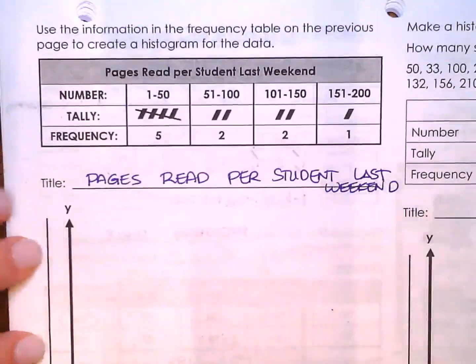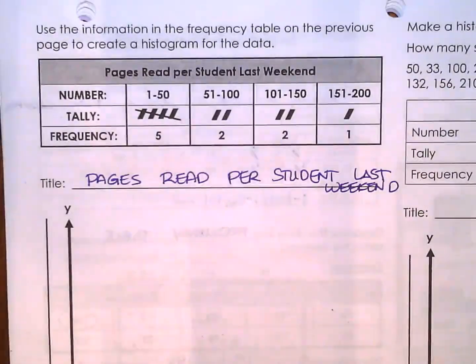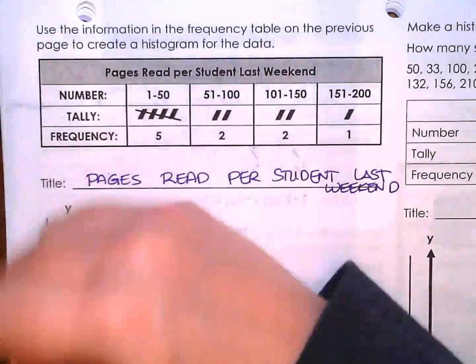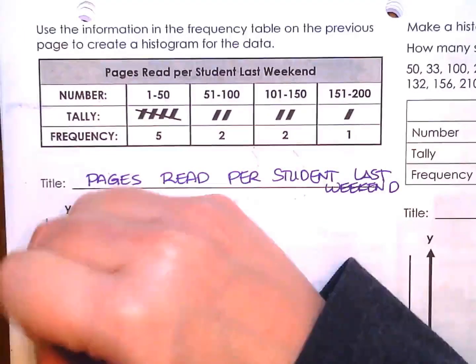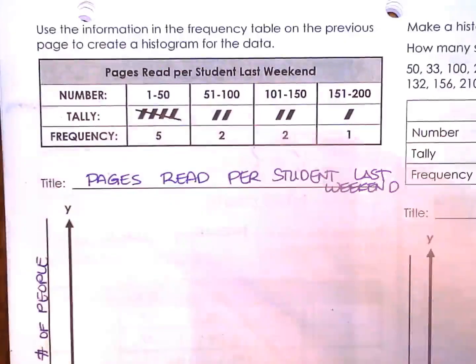And what we do to make the histogram is we're going to label our axes. Actually, sorry, this is going to be the number of pages read. And this is going to be the number of people who read that many pages.